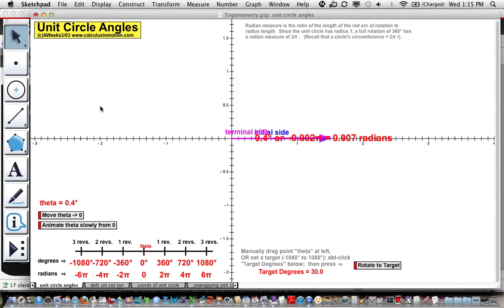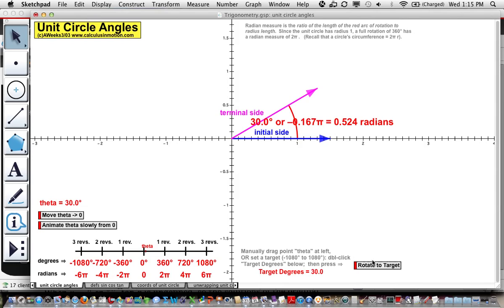Okay, so first of all, what is this whole business about radian measure? If we go here in degrees, up to about 30 degrees, radian measure is the length of this arc on the unit circle. Why is that, or what does that mean?